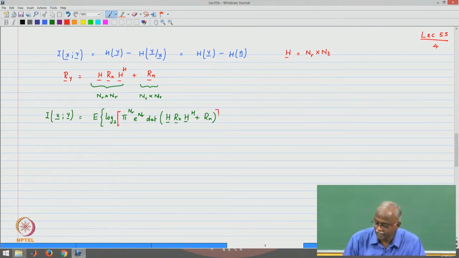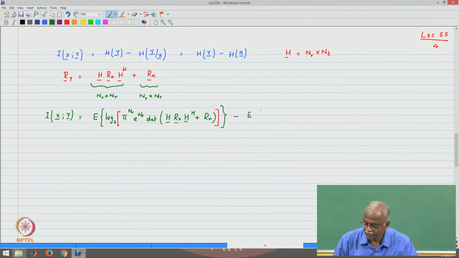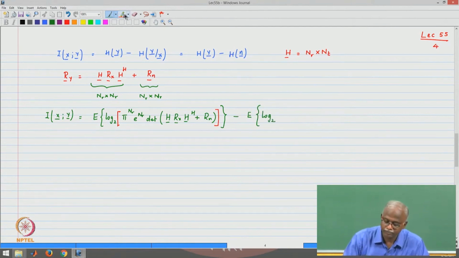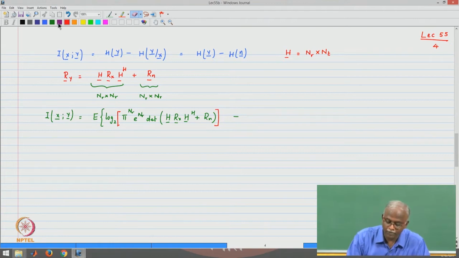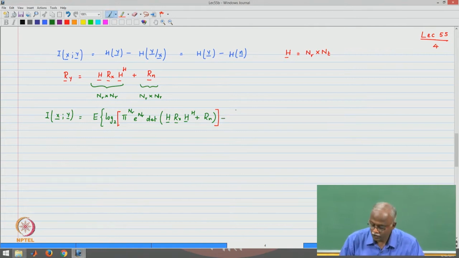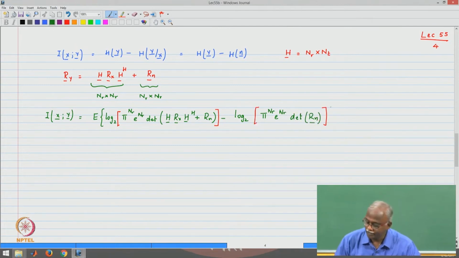The brackets are as follows, and the expected value would be minus the expected value of logarithm base 2 of, or maybe I just keep the expected value outside, minus logarithm base 2 of (pi to the power nr, e to the power nr, determinant of Rn), and the outer bracket for the expectation.